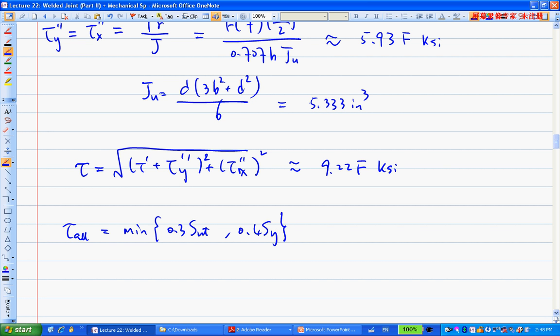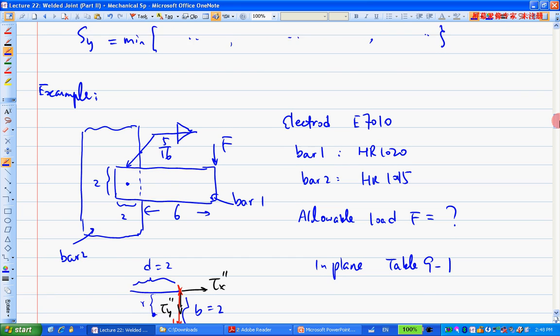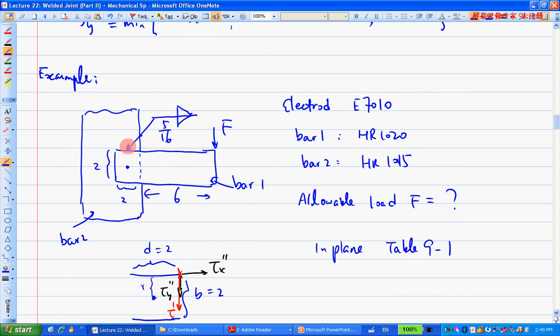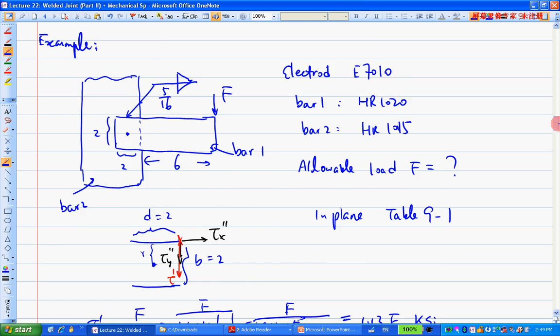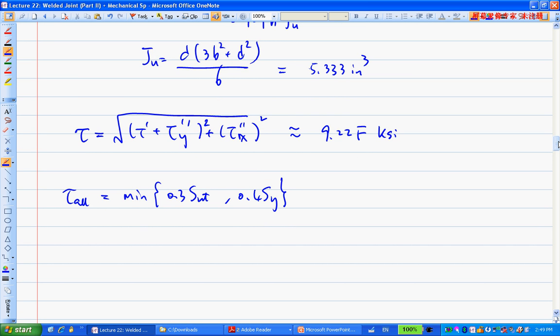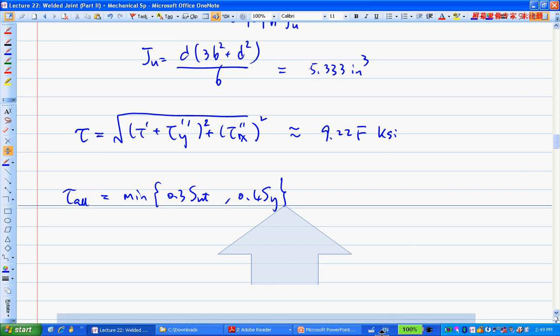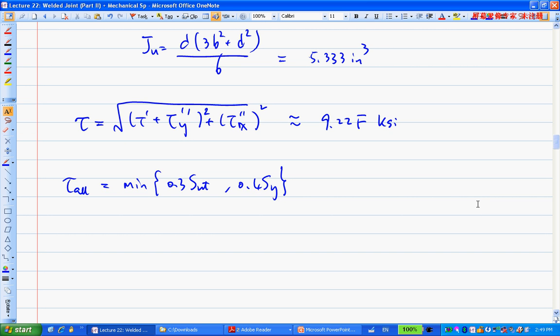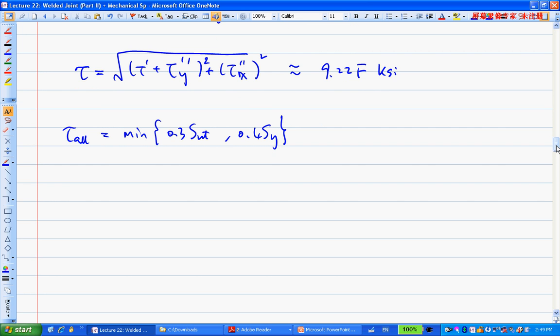SUT and SY are based on the mean value of 3 different materials in this case, because there's bar 1, bar 2, and the filler material. So best practice is to list the properties of all 3 materials here.